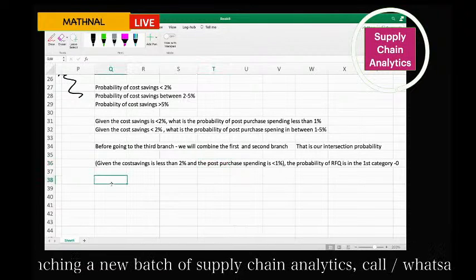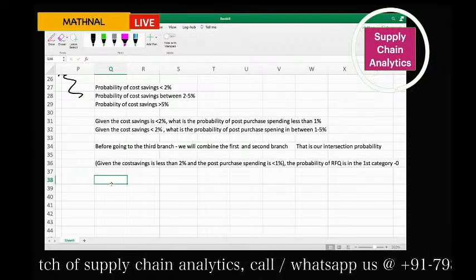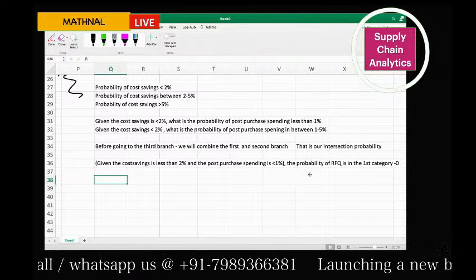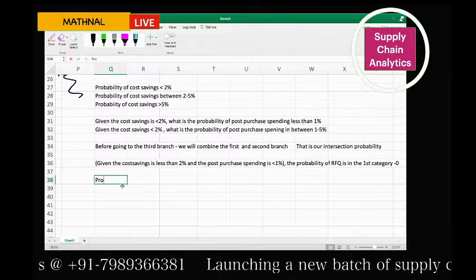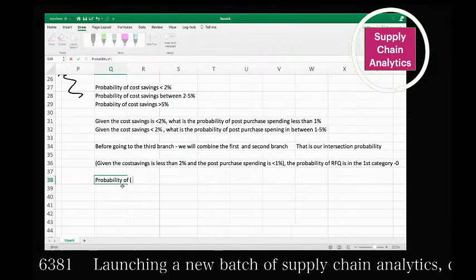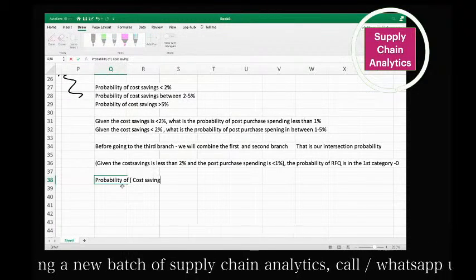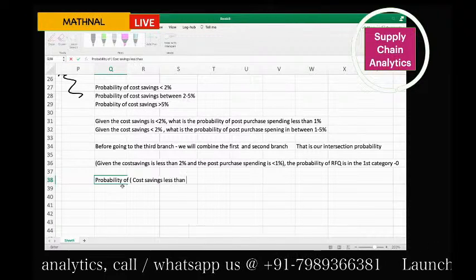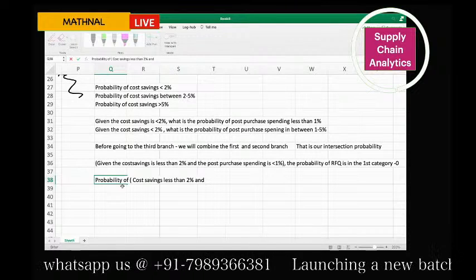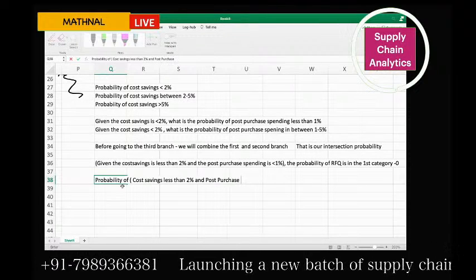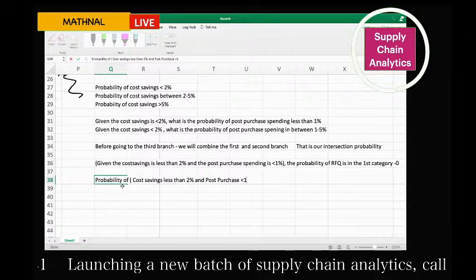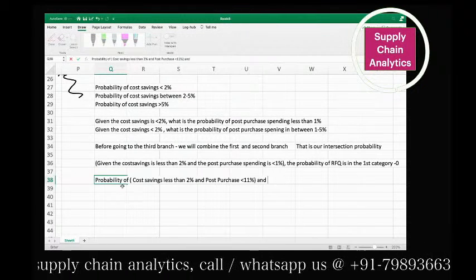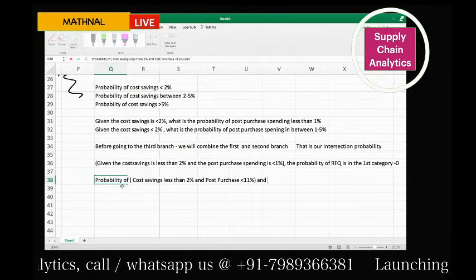And finally, we'll combine all three branches. So here we already have combined the first two branches, and we'll combine the last branch. So that becomes the intersection probability of cost savings less than 2% and post purchase less than 1% and RFQ probability.